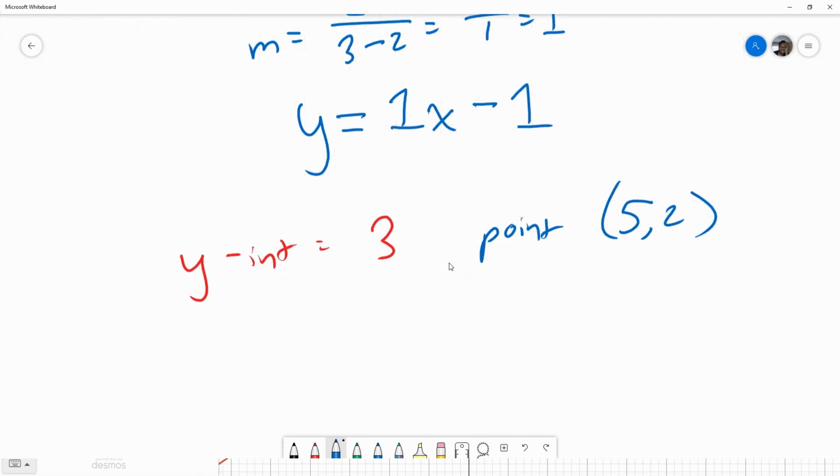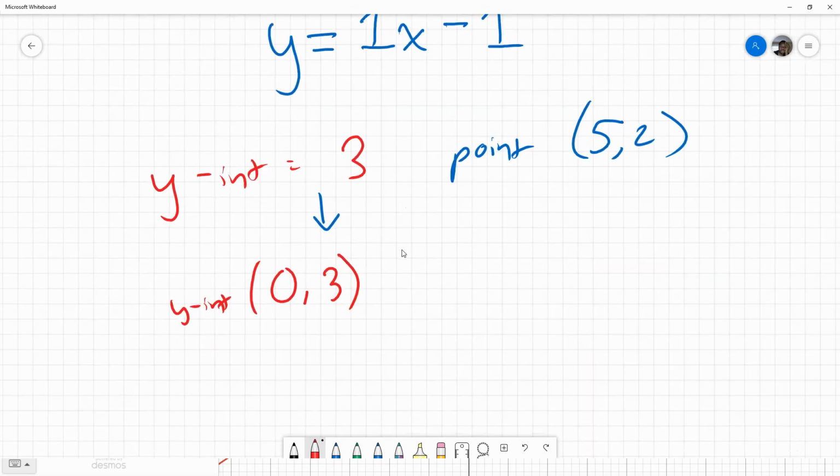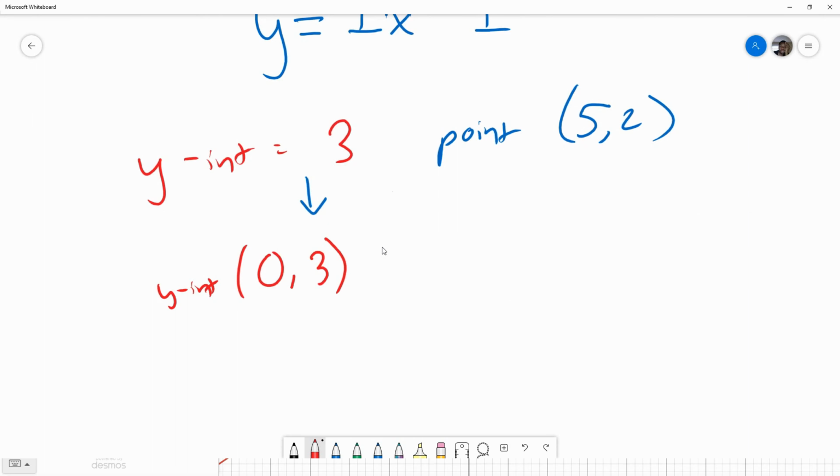So, in this case, my y-intercept really means my point is (0, 3). And so I can find my slope and then put it into an equation. So my slope would be my y minus my y and my x minus my x.